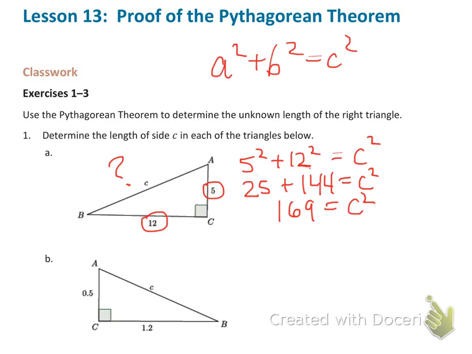And if you remember your perfect squares, that 13 times 13 is 169, then you see that c is equal to 13. So that's our missing side length there. C is equal to 13. It checks out to be longer than either of the legs, which it should be, since the hypotenuse is the longest side in a right triangle.